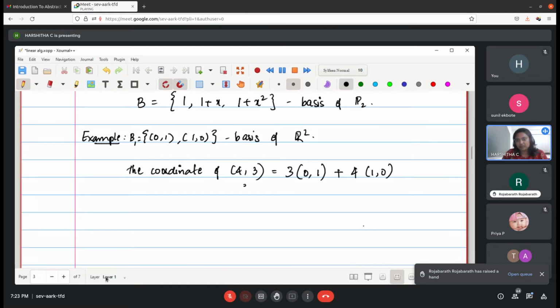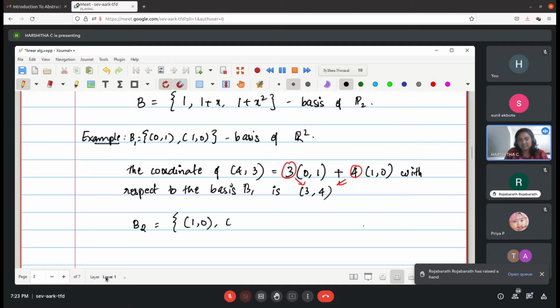With respect to the basis B1 it is (3,4), these numbers 3 and 4. Let's do a different thing. We'll take a different basis of R2. Not very different. Let's just interchange the order of these two basis vectors. So this is also a basis of R2, a different basis of R2.